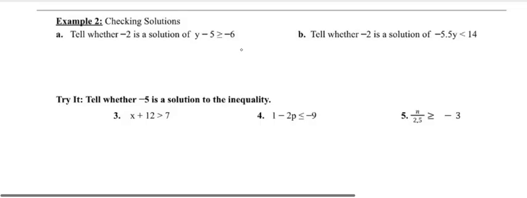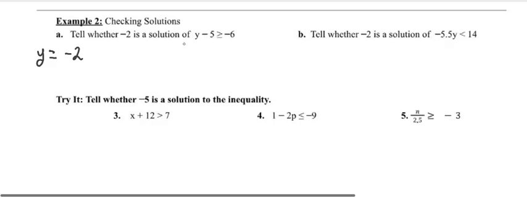We're going to plug it in to see if it is a solution or not. So we're going to assume y equals negative 2. Please write that down, because that's what we're doing. They're saying test and see if y could be negative 2.